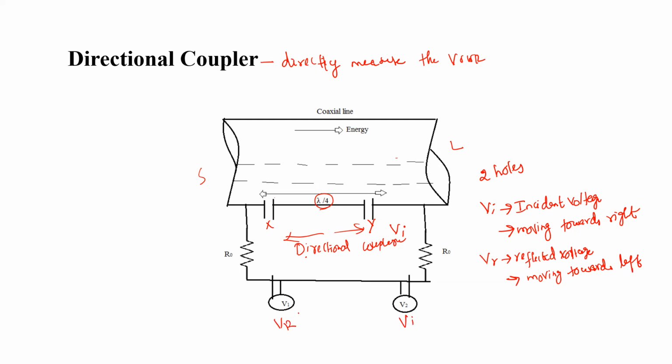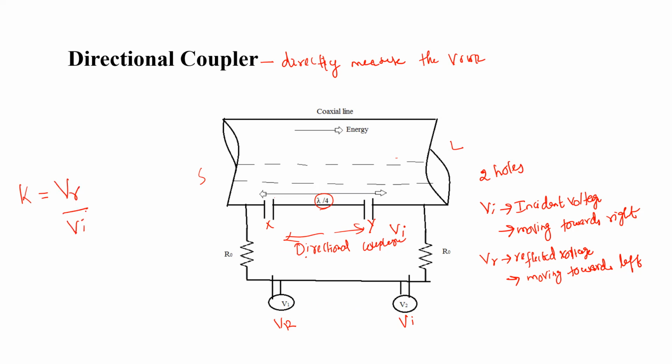This VI and VR are measured with the help of these two voltmeters present here. So once we know the values of VI and VR, then we can find the reflection coefficient K, which is nothing but reflected voltage divided by incident voltage, VR by VI.